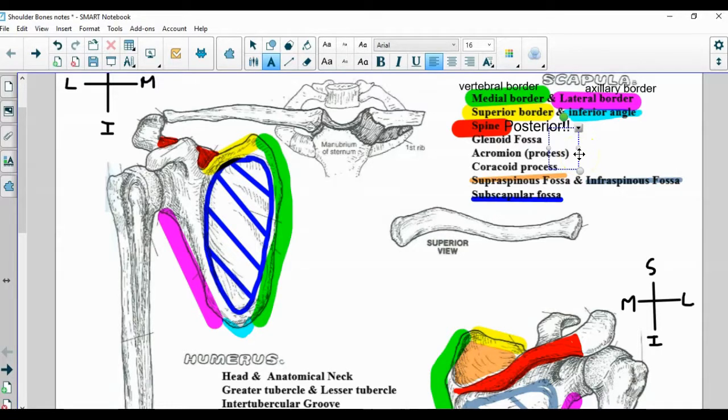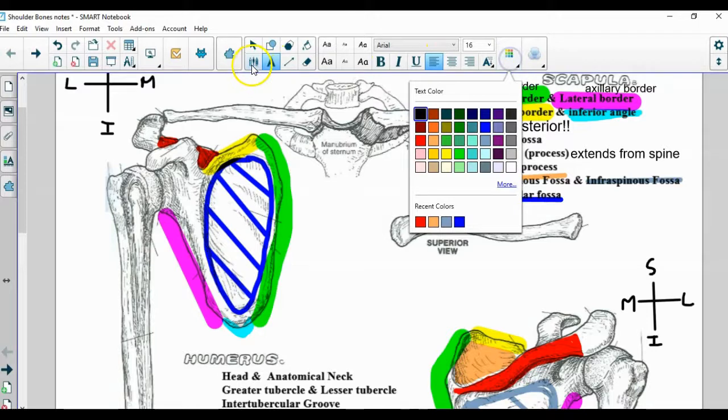So I'm just going to put that, extends from spine. That's the Acromion process. So that's going to be this piece right here. Find the spine, follow it over. When it makes that forward angle, that piece that reaches forward, and I'll show you why in just a minute, that's the Acromion process, that little chunk that's reaching forward.